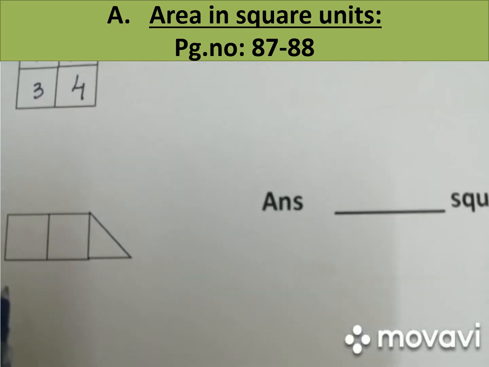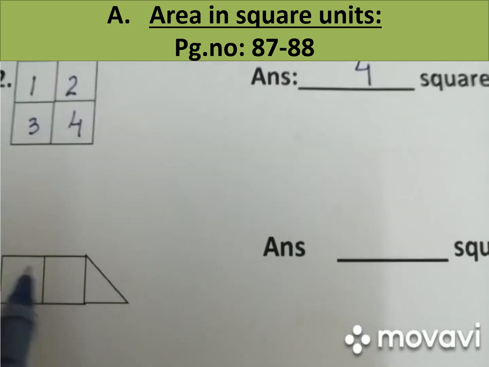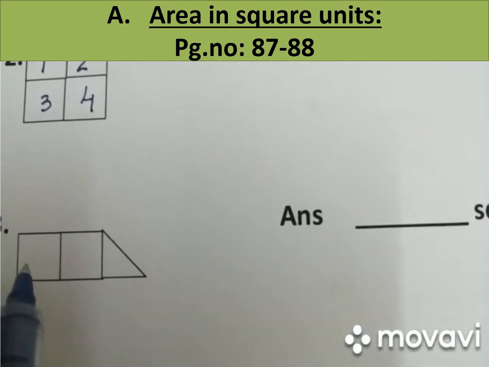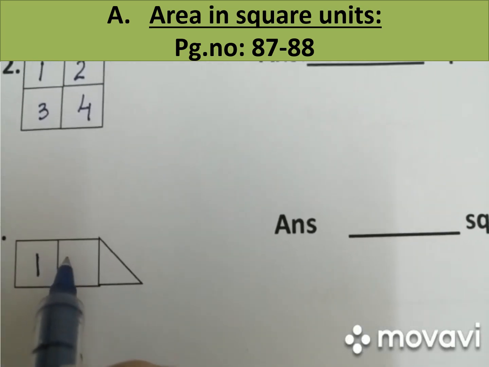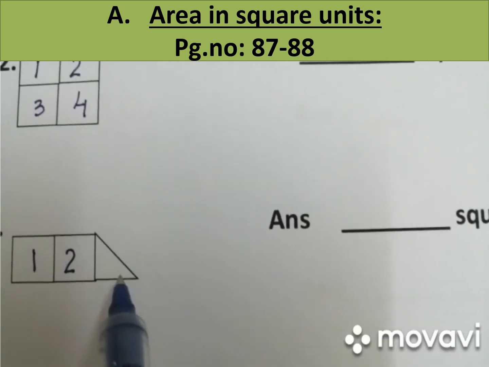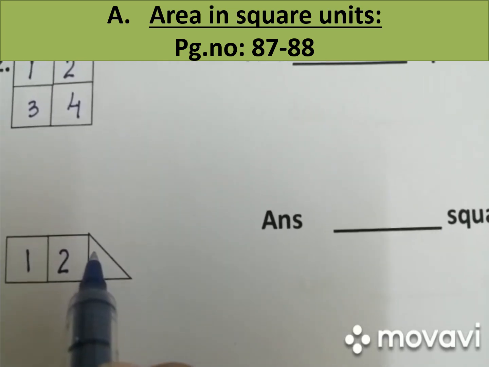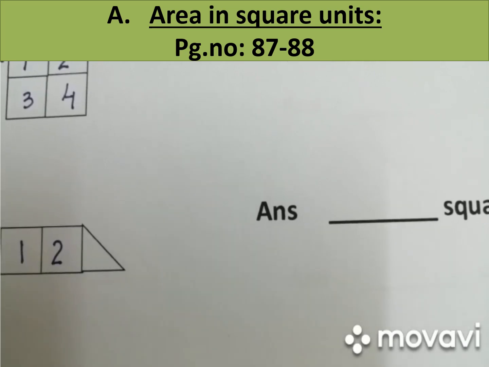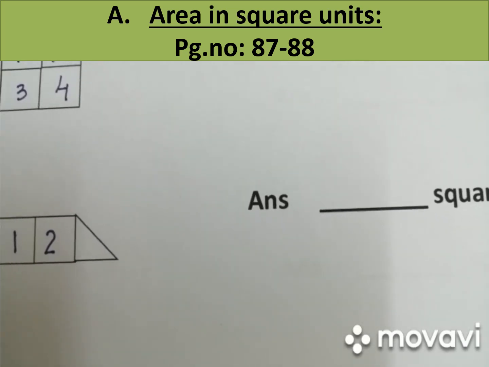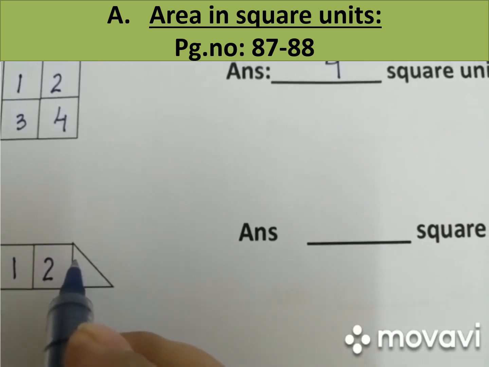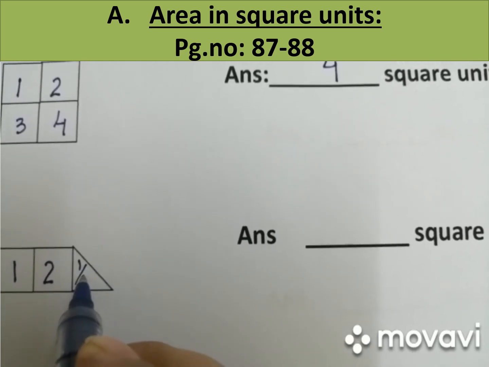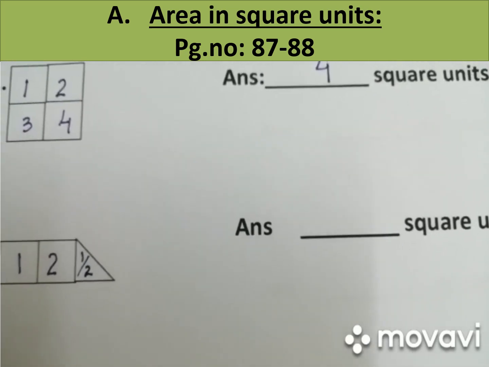Let's do another one. Let us check how many square units are there. 1, 2. Oh, what is this here? This is a triangle, and each triangle is equal to how many square units? Very good, because it's only half, so it is equal to half square unit.